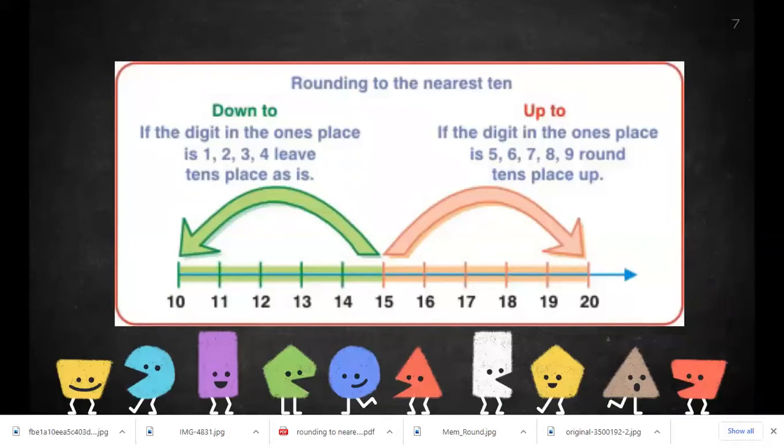Rounding to the nearest 10, if the digit in the ones place is a 1, 2, 3, 4, we leave the tens place as it is, meaning we round down. We round up if the digit in the ones place is a 5, 6, 7, 8, 9. That tells us we're going to round the tens place up.